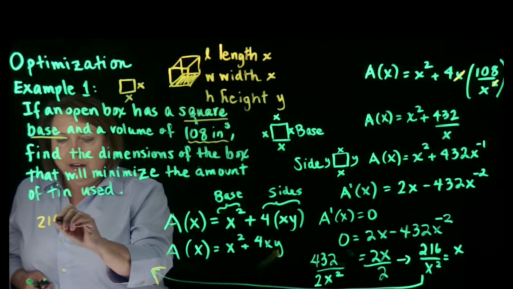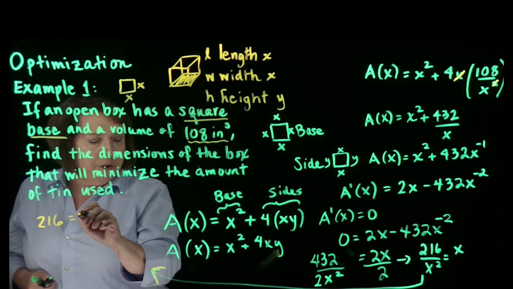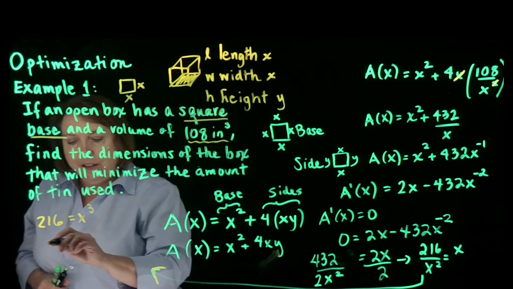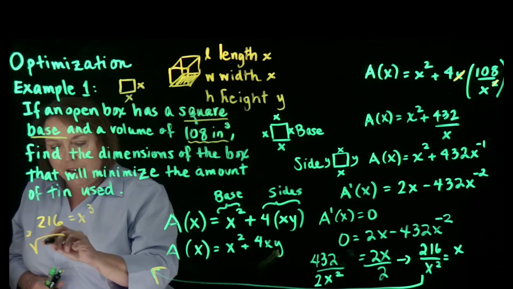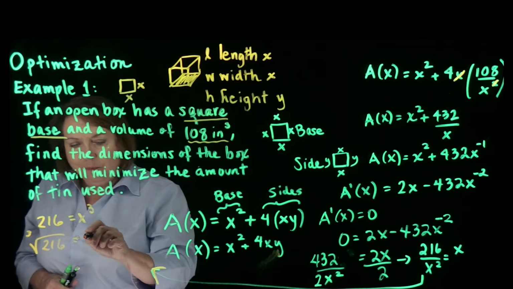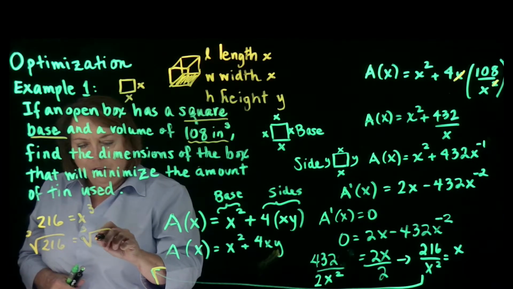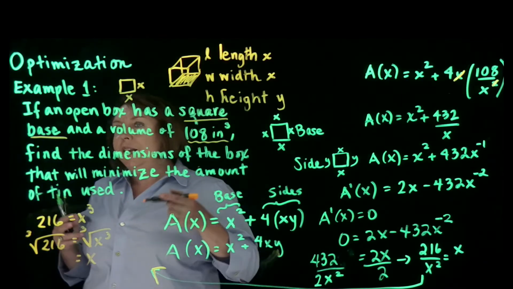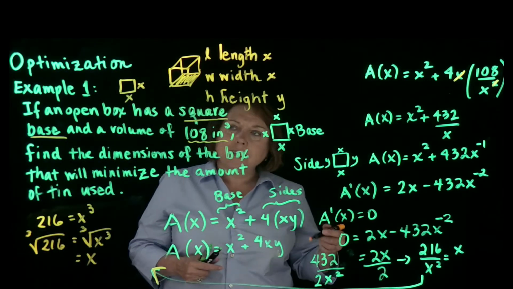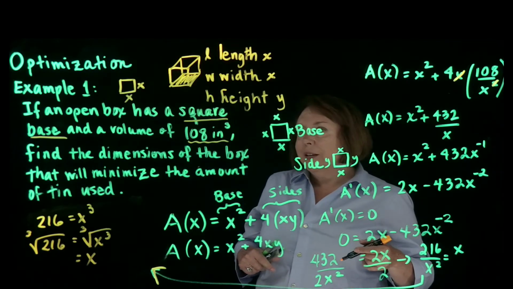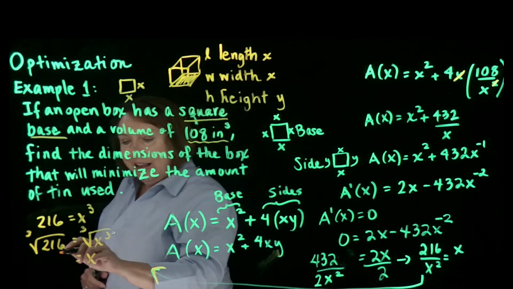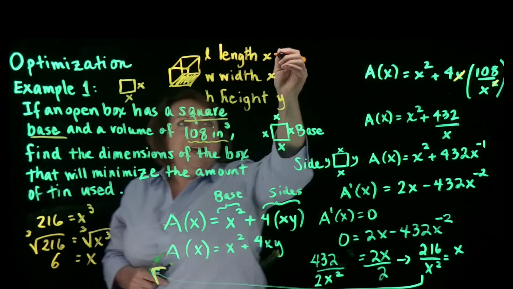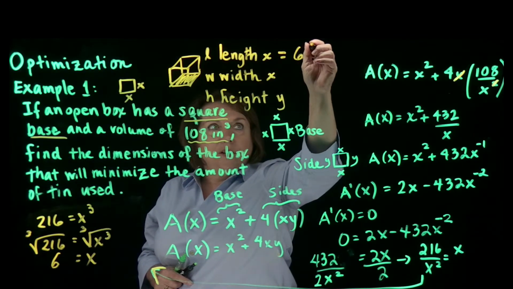So 216 is equal to x times x squared, or x cubed. And then we take the cube root of both sides. The cube root of x cubed is just x. The cube root of 216, what number do we multiply by itself 3 times to get to 216? The answer is 6. So the length is 6 inches.